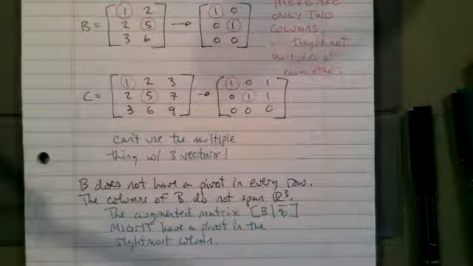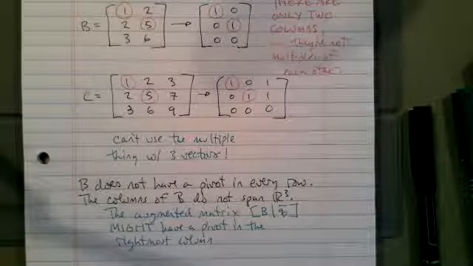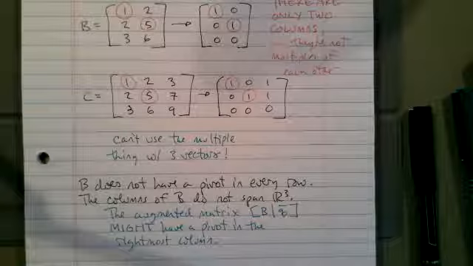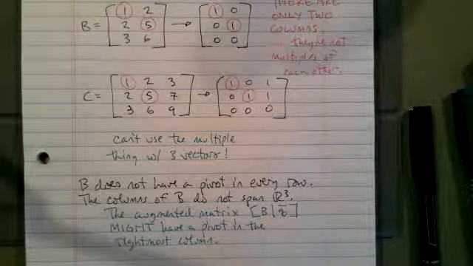So because B does not have a pivot in every row, the augmented matrix BQ might have a pivot in its rightmost column. But the only way we can make that conclusion is by pointing out that B does not have a pivot in every row. That's what allows us to say that this augmented matrix might have a pivot in the rightmost column.